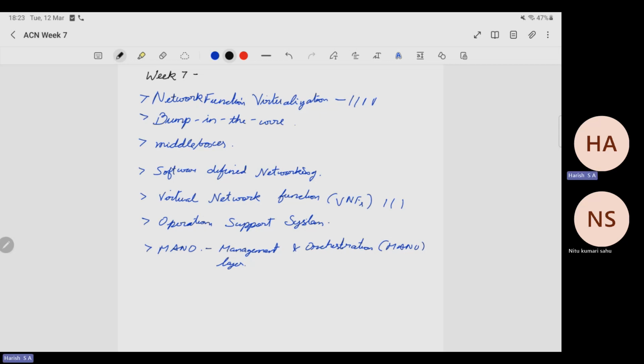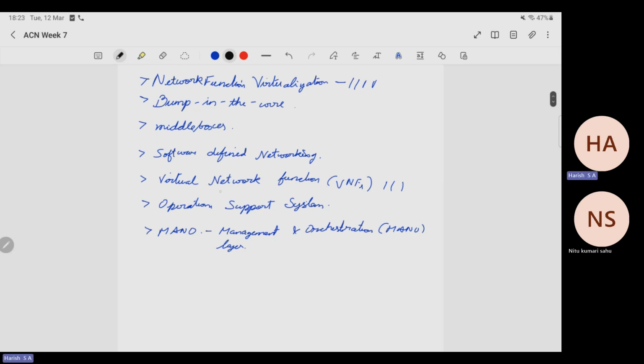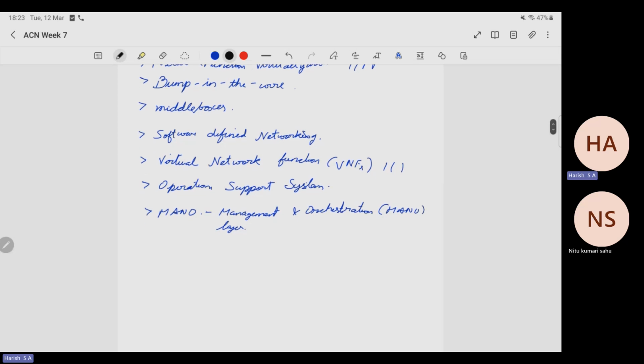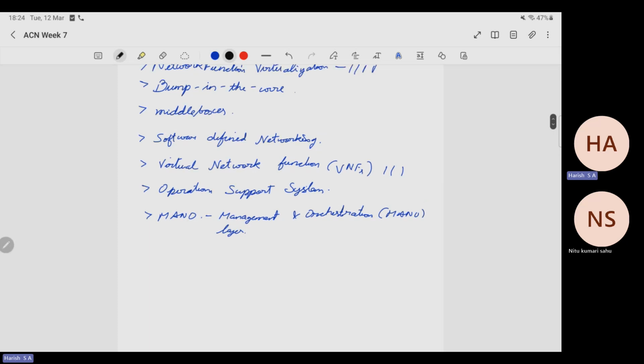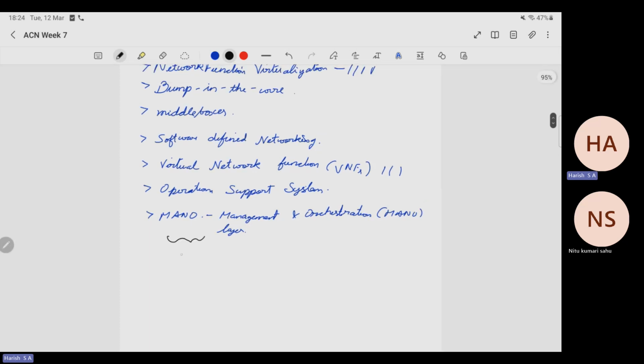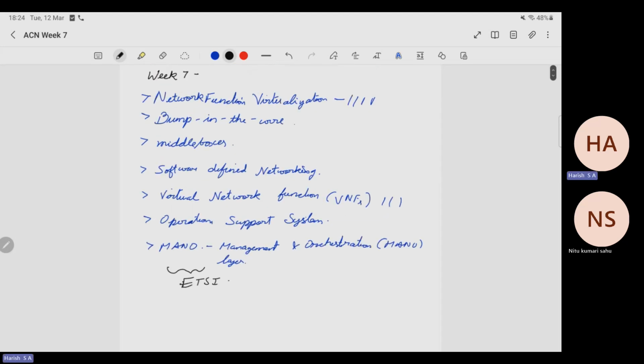We just saw almost all the keywords: network function virtualization, bump in the wire, middle boxes, software defined networking, virtual network functions, operations support system, and MANO. This is a part of an architecture from ETSI.